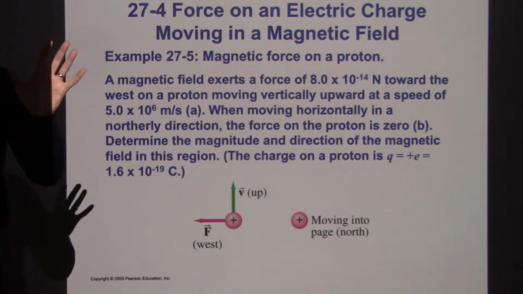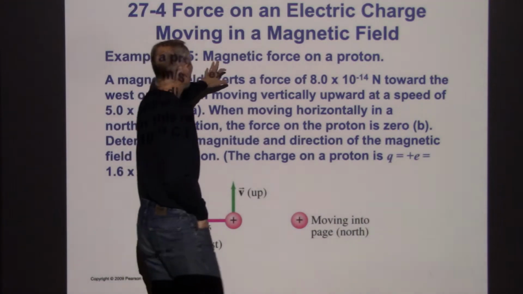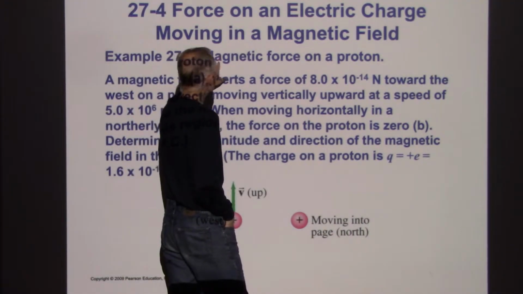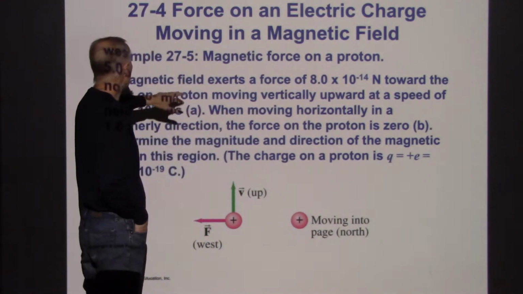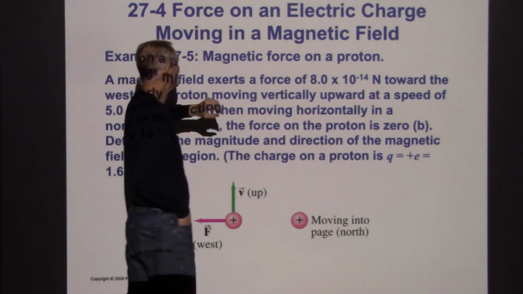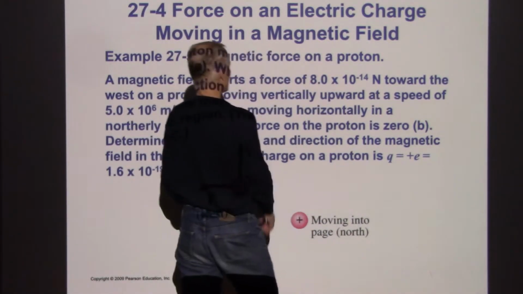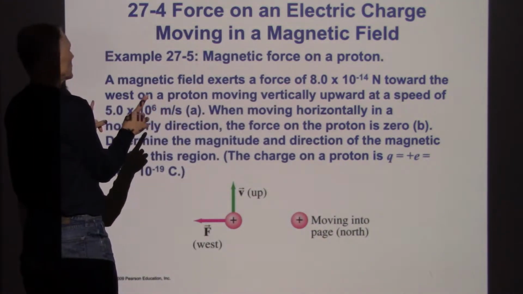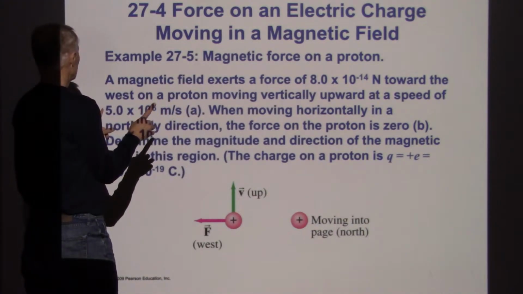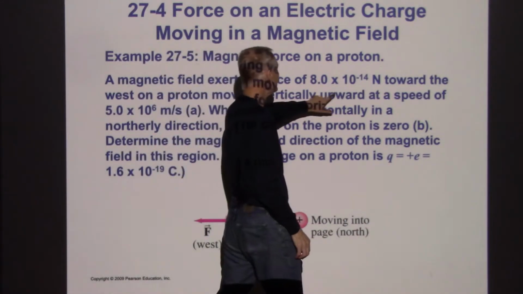Here I found our missing problem. So here it is. I'll get that moved in the slides. So the magnetic force on a proton, and the force is toward the west. The magnetic field exerts a force. Okay, so the proton is moving vertically upwards.